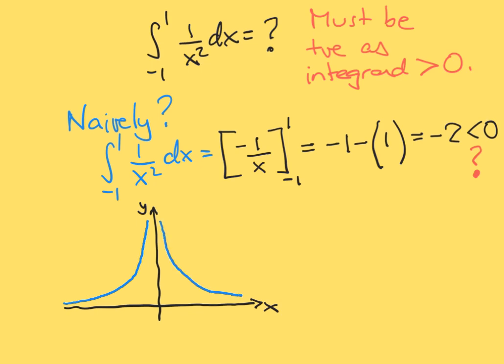So we see that the y-axis is a vertical asymptote.